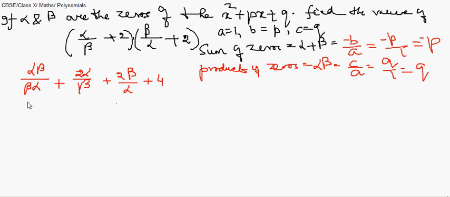Now this is 1. So I'm getting this as 1, and here if I take 2 common, I'll be left with alpha by beta plus beta by alpha, plus 4.